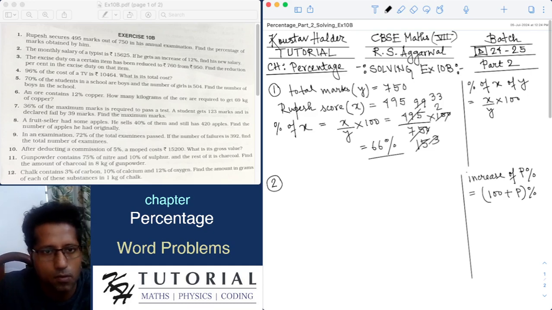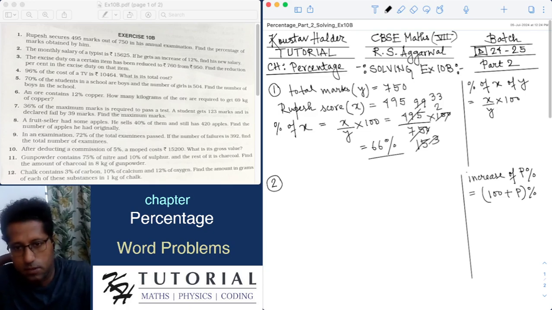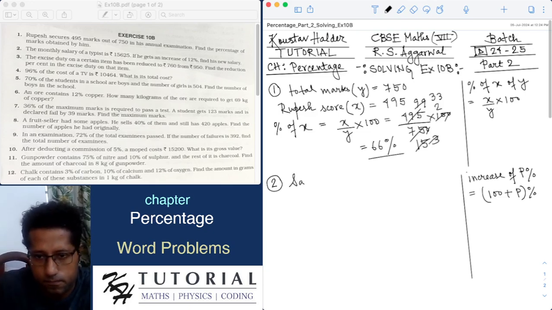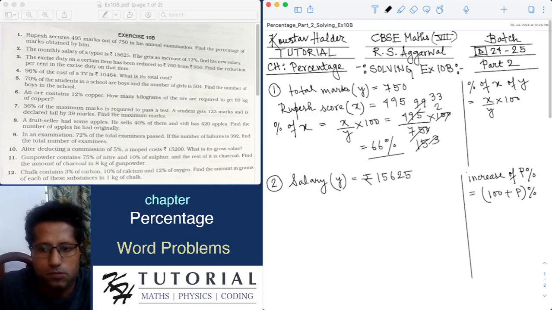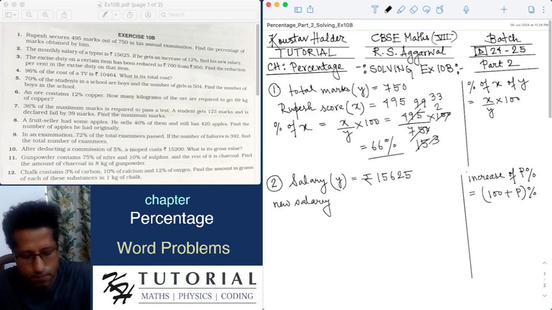So now, let's say salary over here, y, is given as rupees 15,625. Now, what will be the new salary?